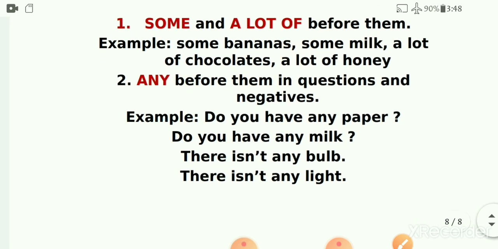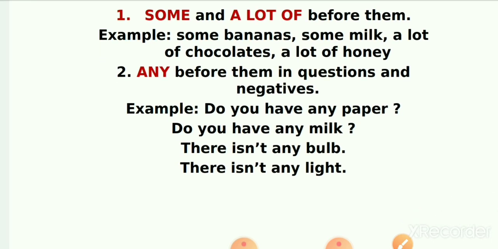Second, any before them in questions and negatives. When the sentence is a question or negative, you can use any before both countable and uncountable nouns. For example, do you have any paper? Paper is uncountable.